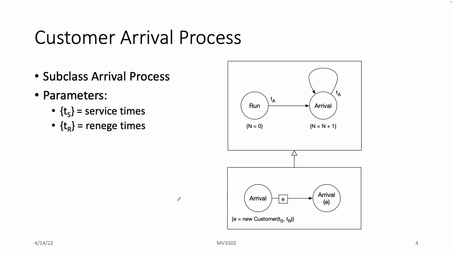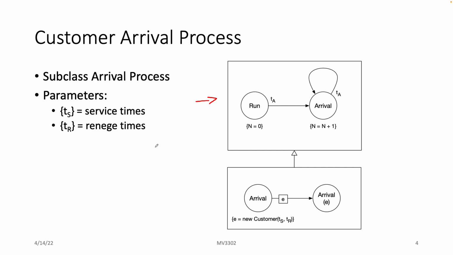But in order to create these, we need a component to do that, and we can follow the same pattern that we've had before. We can take our friend, the arrival process, that produces the sequence of arrival events, and using the virtue of laziness, we can simply reuse that, as it were.